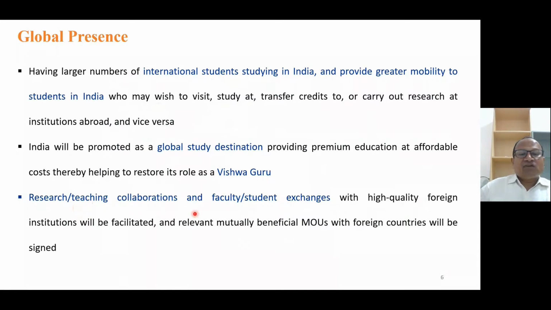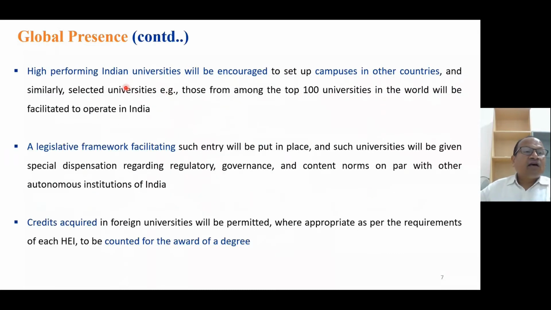The research and teaching collaborations and faculty student exchanges with high quality foreign institutions will be facilitated and relevant mutually beneficial MOUs with foreign countries will be signed. Global presence will help us: high performing Indian universities will be encouraged to set up campuses in other countries, and similarly selected universities, maybe from among the top 100 universities in the world, will be facilitated to operate in India.